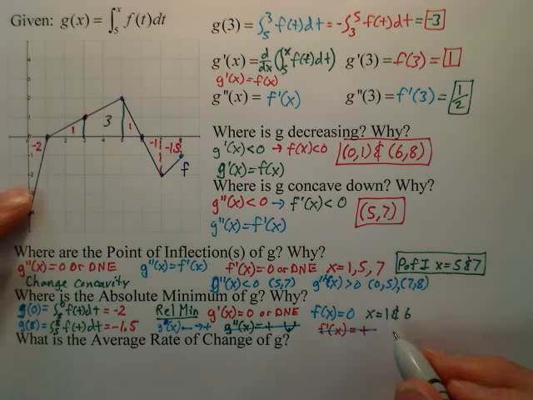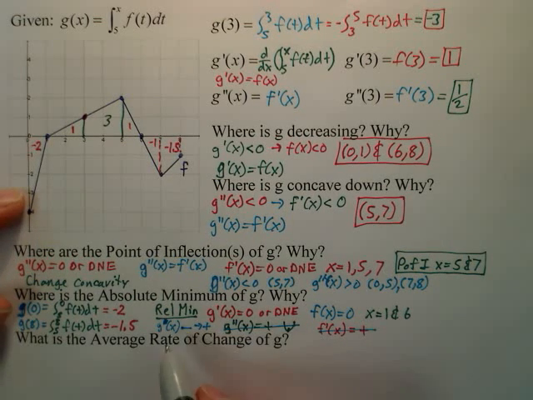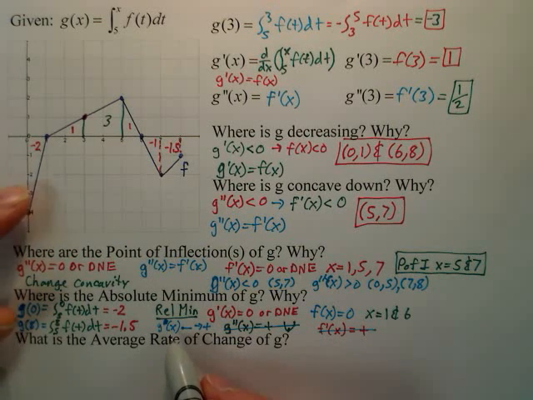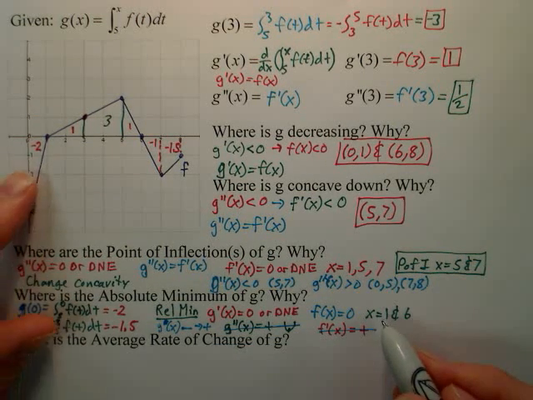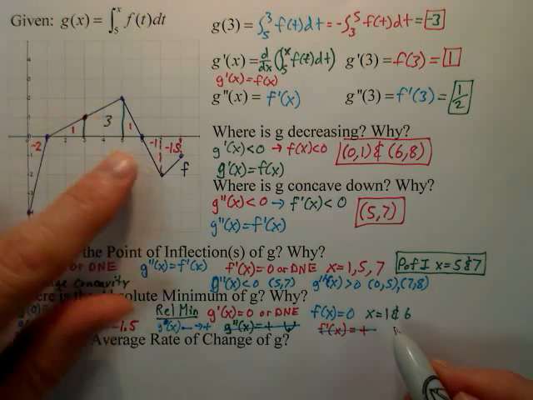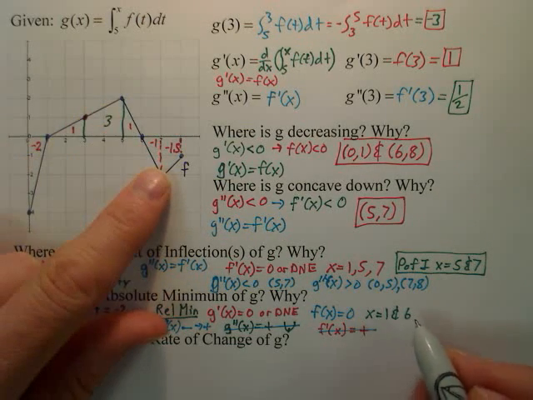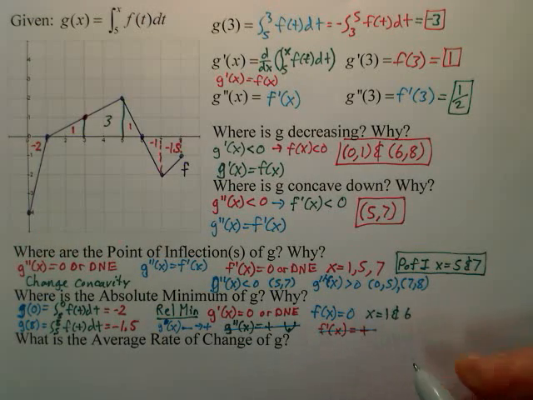So if I look at these, which one has negative g prime, which would be f of x, and goes from negative to positive? When you look at this one, you will notice at 1 it goes from negative values to positive values. This other one goes from positive values to negative values. So 1 is your relative min.